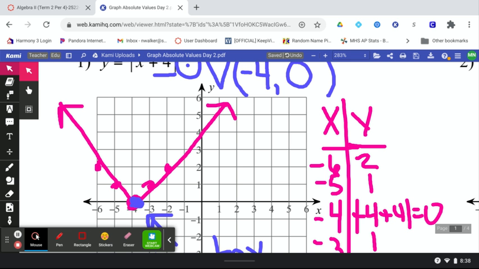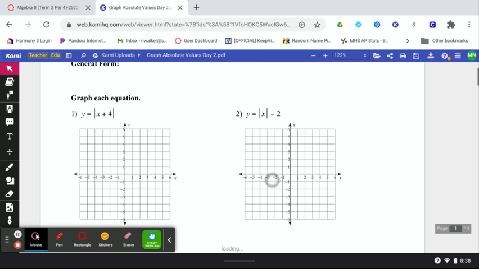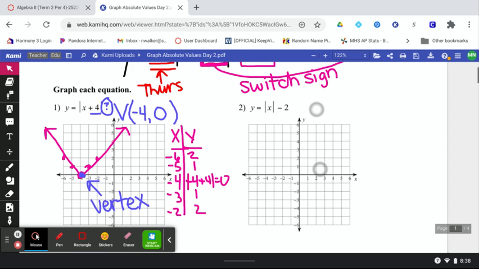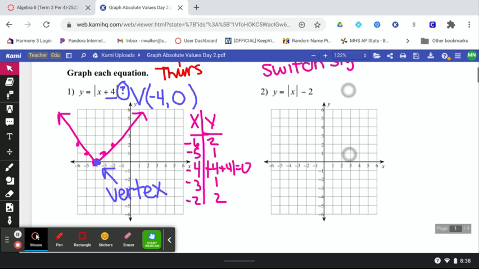Your ultimate goal is to be able to look at an equation and tell me the vertex without making a table. Once we have our vertex, it's a lot easier to make our graph. If we take a look at the second example, I want to walk you through it.